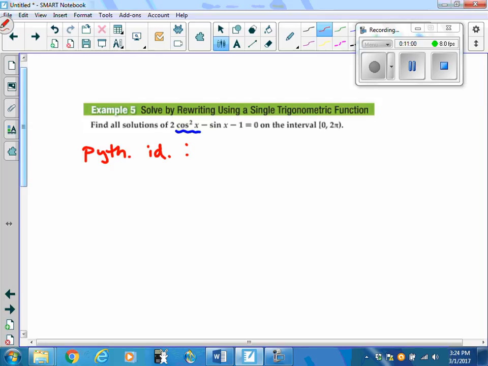And my Pythagorean identity says sine squared x plus cosine squared x equals 1. So I'm going to solve for cosine squared, and that means subtracting sine squared. So cosine squared x is equal to 1 minus sine squared.